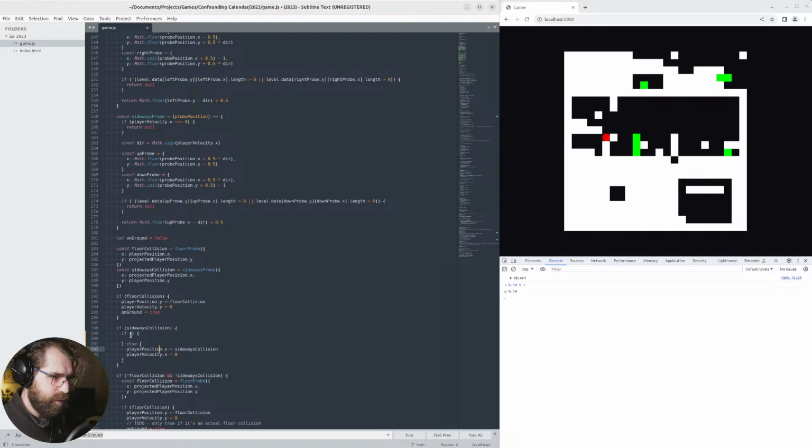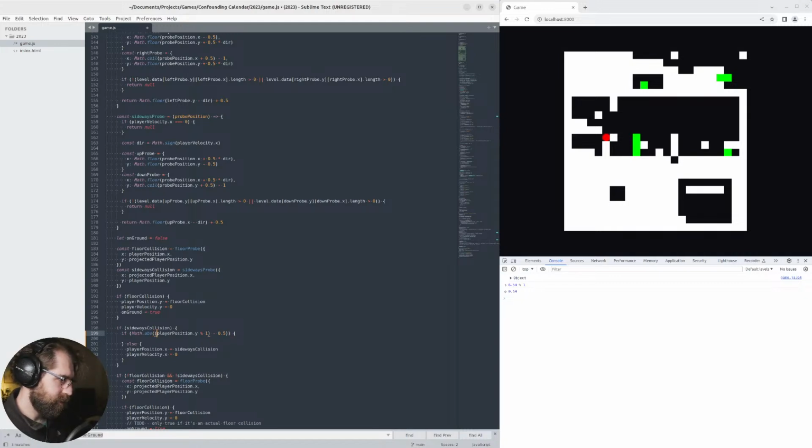So player position y modulo 1 to get the decimal, subtract 0.5, math absolute that. I might put some extra brackets around here, even though I don't think it's necessary.